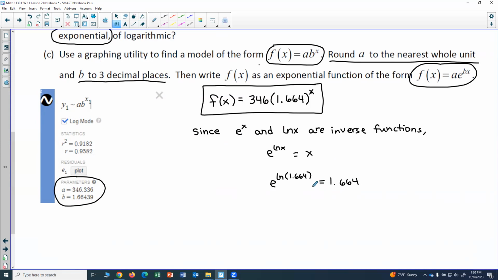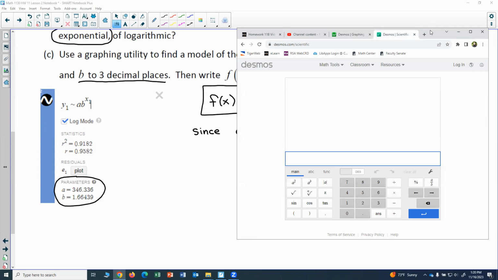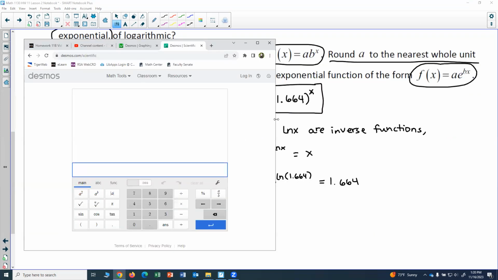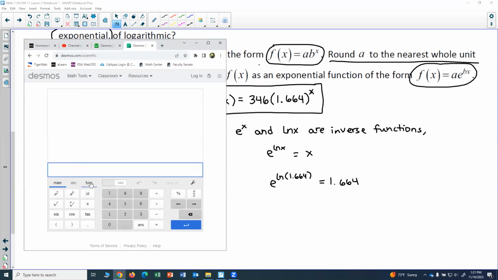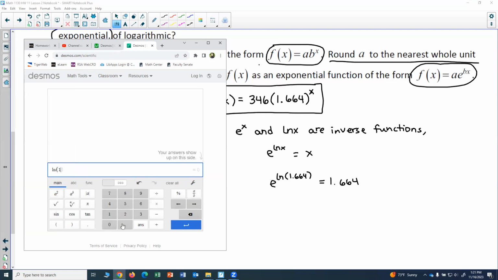All right, so I need to figure out what natural log of 1.664 is. To do that, I can use the Desmos scientific calculator. I'll go to function, natural log of 1.664, and I get 0.509.